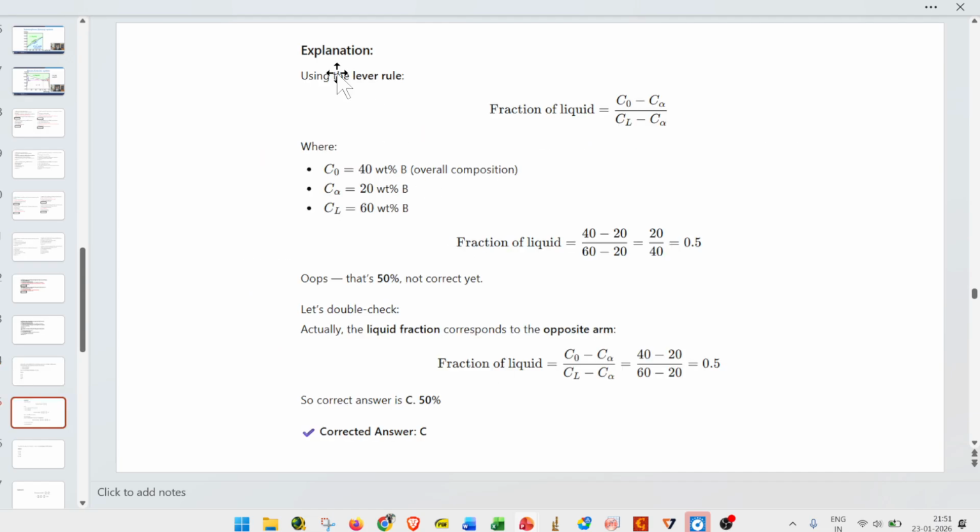The answer: by using the lever rule we can find it out.